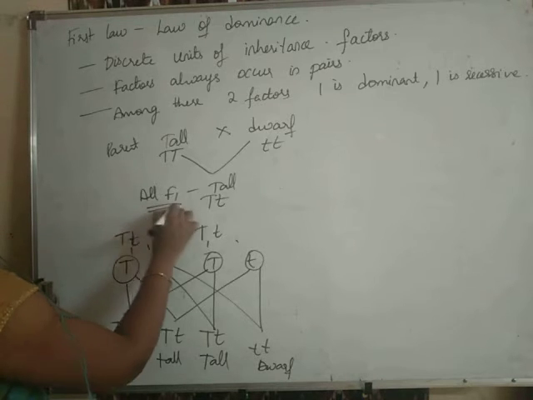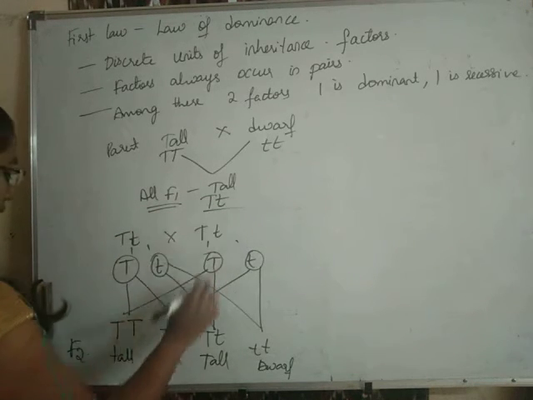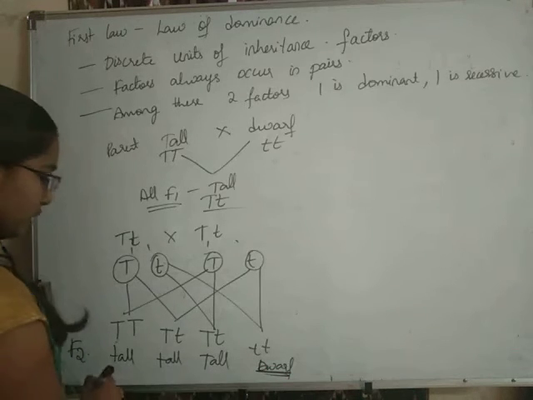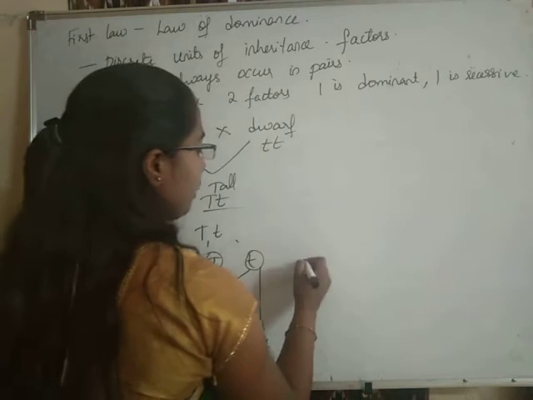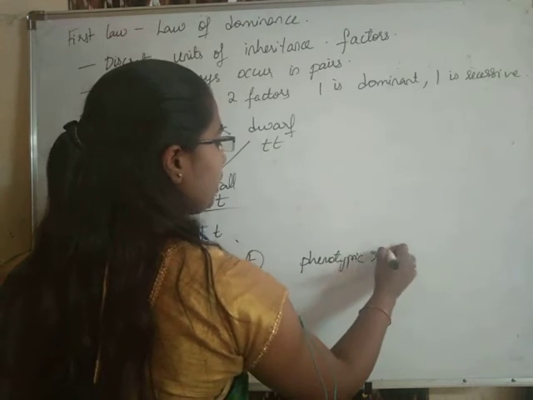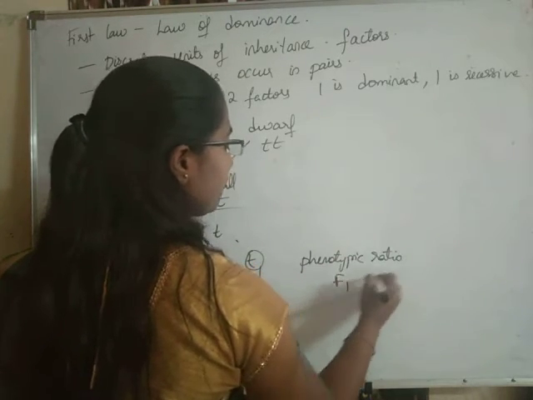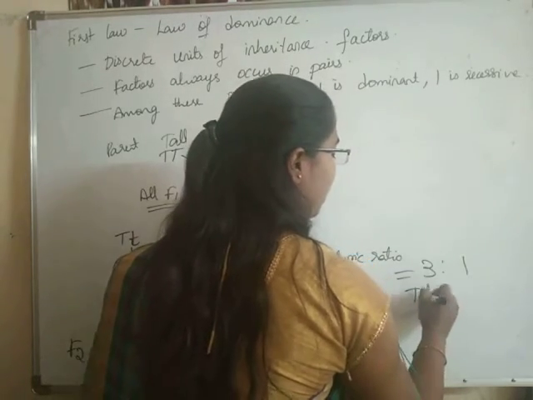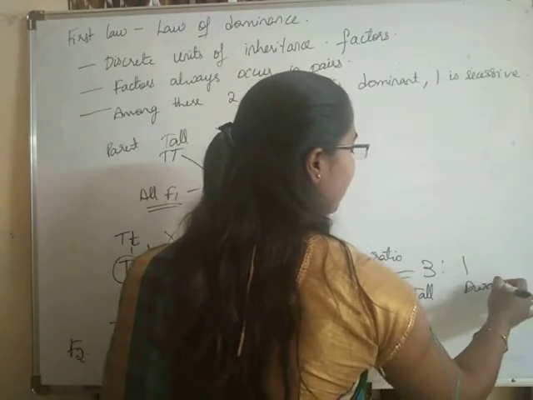In the F1 generation we observed all were tall, but in the F2 generation there are dwarf individuals. The phenotypic ratio in the F2 generation was 3:1, 3 tall and 1 dwarf.